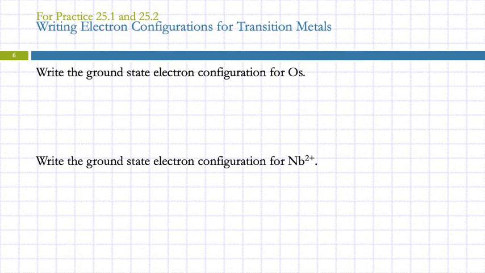Write the ground state electron configuration for niobium 2+. Where'd you go? 41, next to zirconium. So number 41. A good thing to do is to write it for the atom first and then write for the ion.